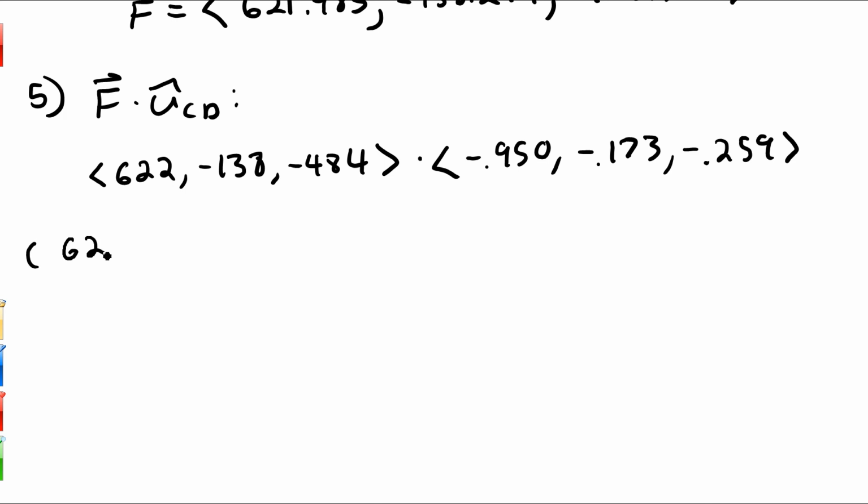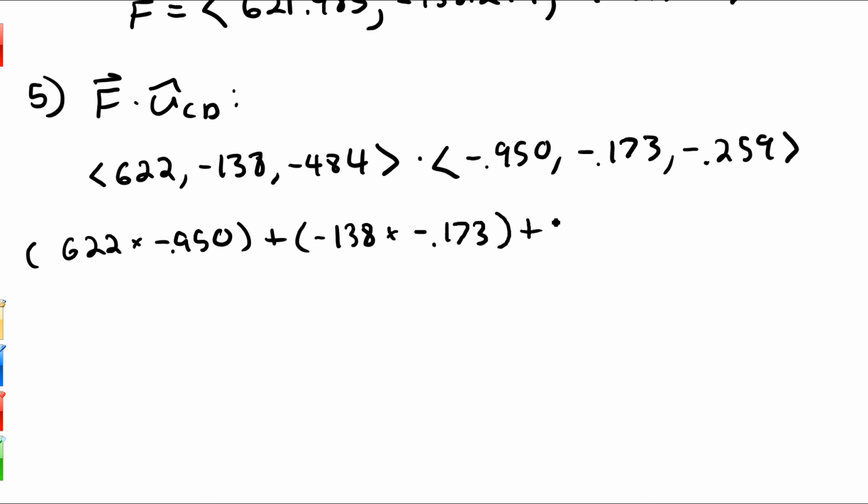So we have negative 622 times a negative 0.950 plus negative 138 times a negative 0.173 plus a negative 484 times a negative 0.259. And this turns out to be a negative 591.045.